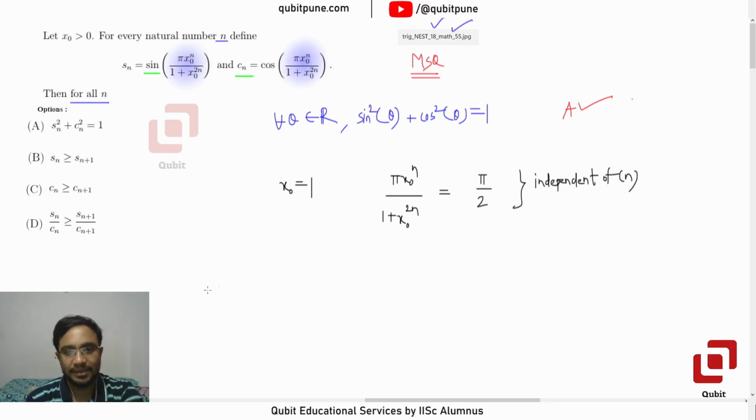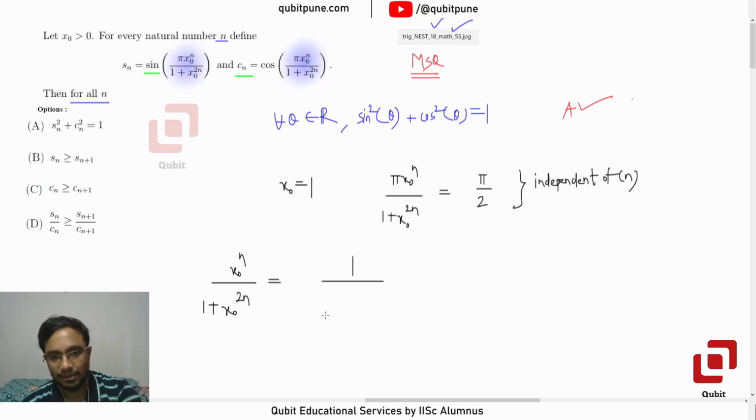Now here is the thing. Observe that the expression x0 raised to n upon 1 plus x0 raised to 2n can be written as follows. Let us divide the numerator by x0 raised to n, so the denominator will also get divided by the same thing, giving 1 upon x0 raised to minus n plus x0 raised to n.